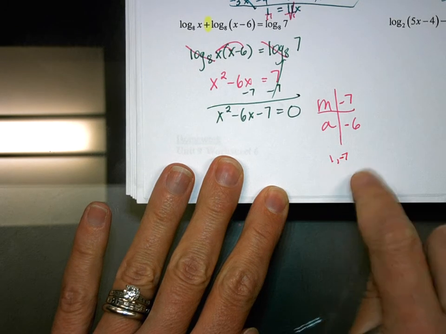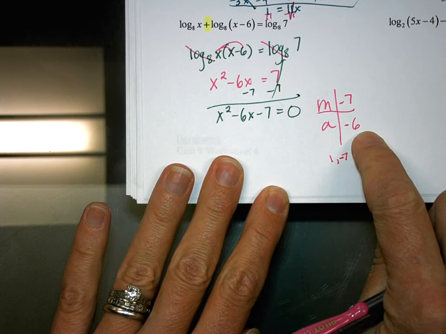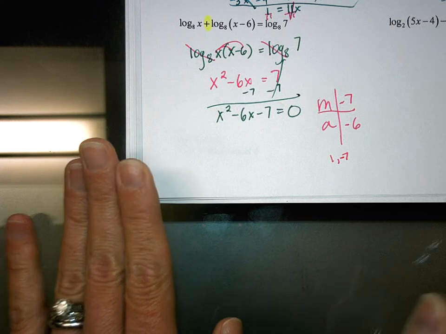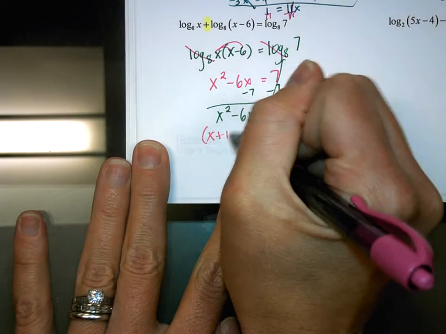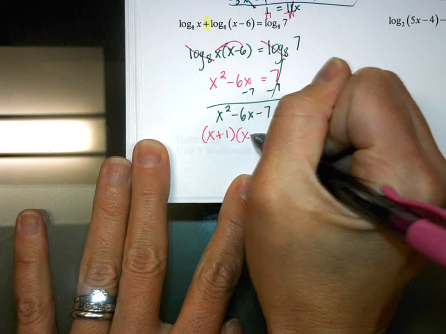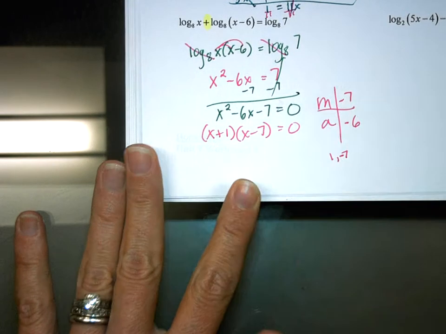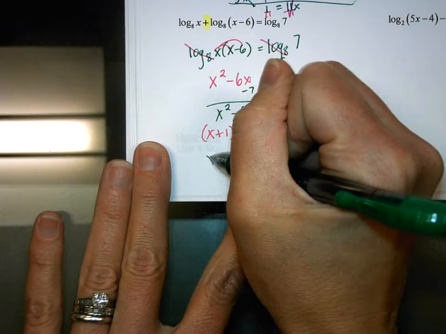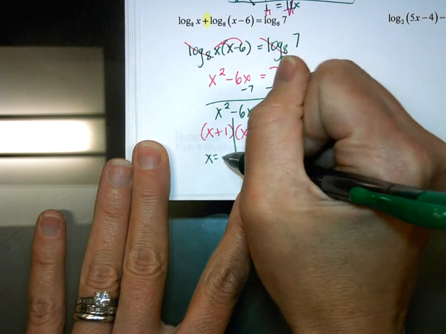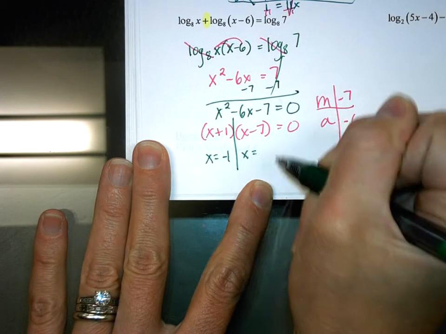When we add them, they make negative 6. We just figured out the puzzle. So we write that as (x + 1)(x - 7) = 0. We set each of those equal to 0, and we get x = -1 and x = 7.